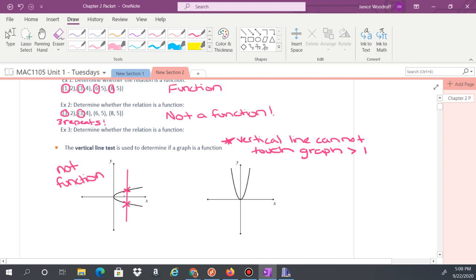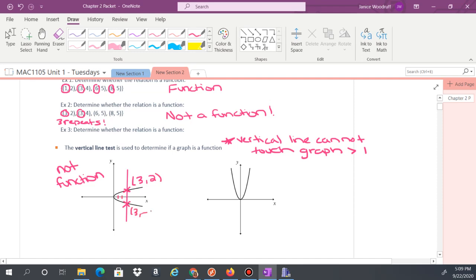Okay, the reason why the vertical line test works is because, think about this, if I put this as ordered pairs, the actual ordered pair for this point would be, let's say, 3, 2. And then the ordered pair for this point is going to be 3, negative 2.